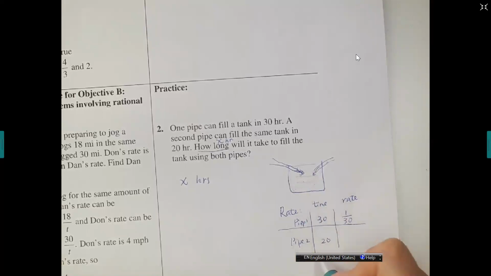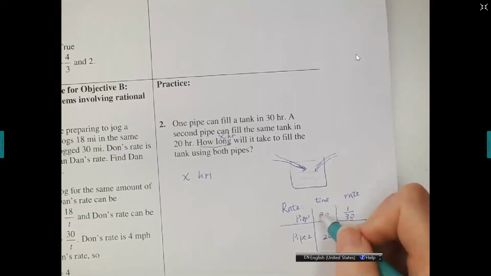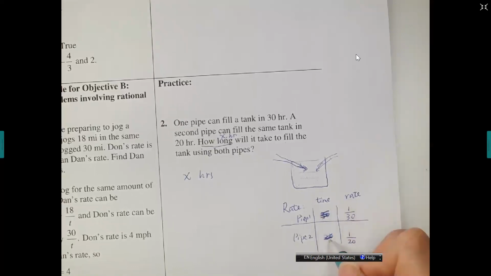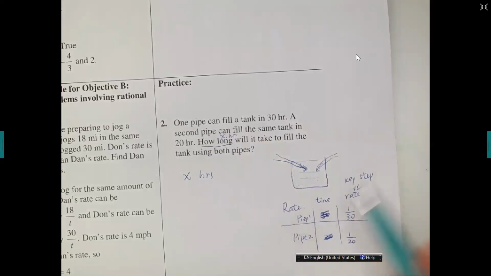If pipe 2 uses 20 hours to fill the tank, then per hour, it will fill 1/20. This is a key step here: find the rate. What is the rate? Per hour, how much work is done? Pipe 1 will fill up 1/30 of the tank. Pipe 2 working alone will fill 1/20 of the tank.